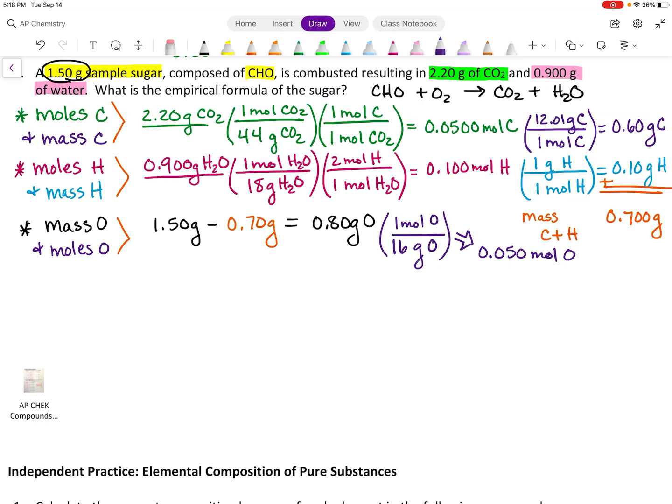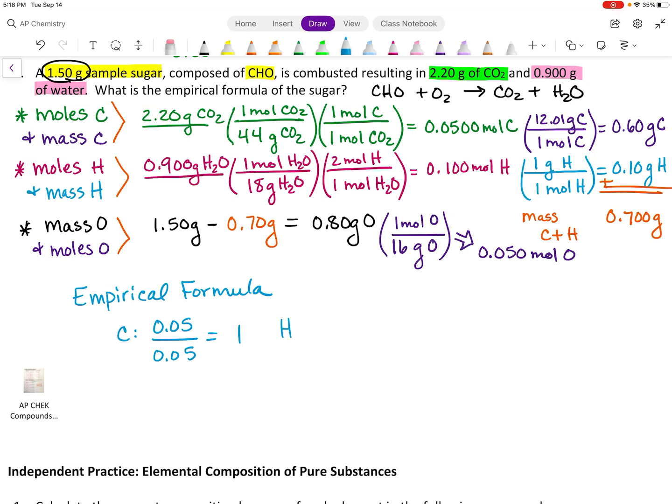So now the final step for us is we want to go ahead and figure out the empirical formula, just like we have with all of the previous problems. So for carbon, it's going to be 0.05 moles, and we know that that is actually the smallest number of moles, so we're going to divide by that, and we find it's a ratio of 1.